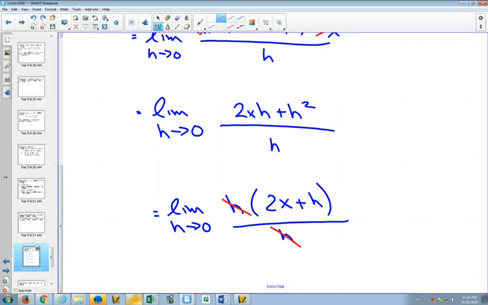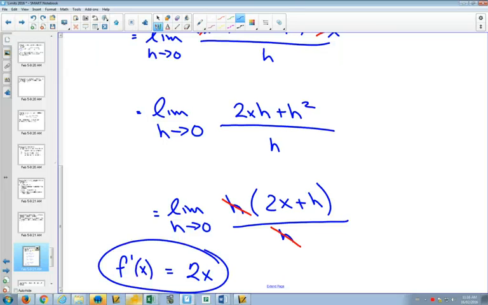Which is nice, because that finally cancels out that h at the bottom. Now we can apply the limit, because we're no longer dividing by 0. So when we plug in 0 for h, we get 2x, so that's our derivative.